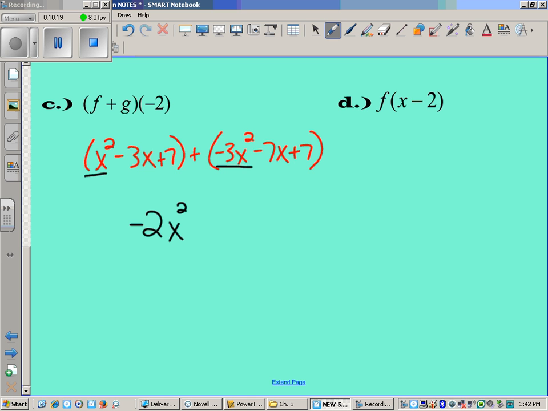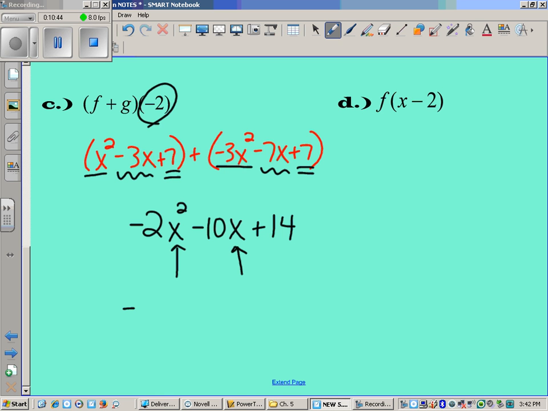One minus 3 is a negative 2x squared. I've got this negative 3 and this negative 7 together. That makes a negative 10x. And then I've got a 7 and a 7 together. That makes a 14. But that's not my final answer. Remember, there was a negative 2 in here. So now that I have this new function, what am I going to do with that negative 2?